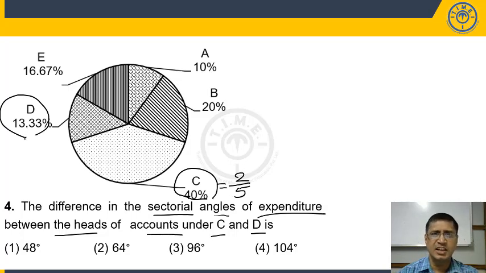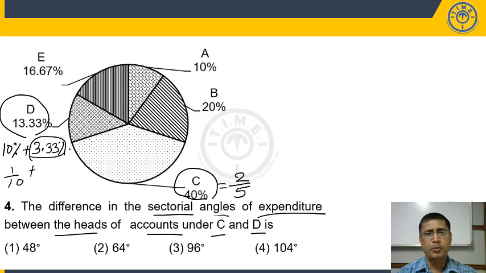What about this 13.33%? 13.33% means 10% plus 3.33%. 10% means it is 1 by 10. And for 3.33, we don't know the value directly. But if you observe the reciprocal values, 33.33% is equal to 1/3.